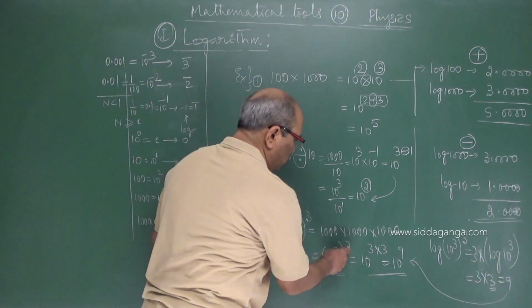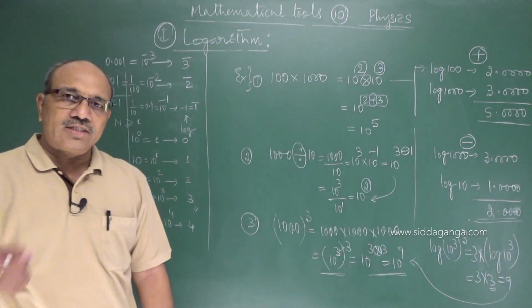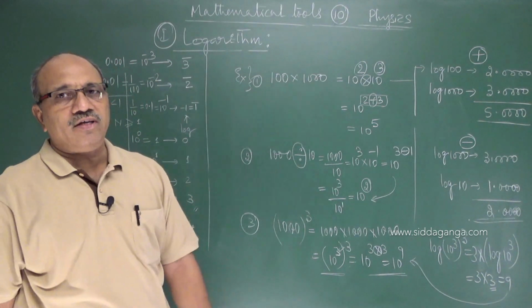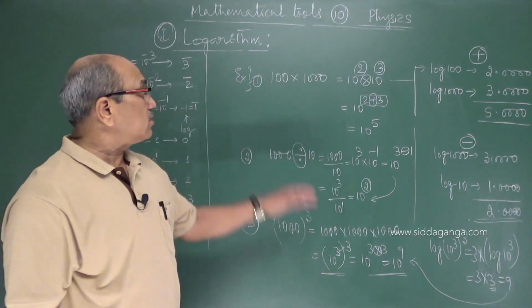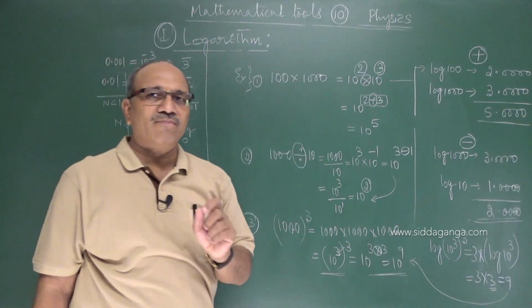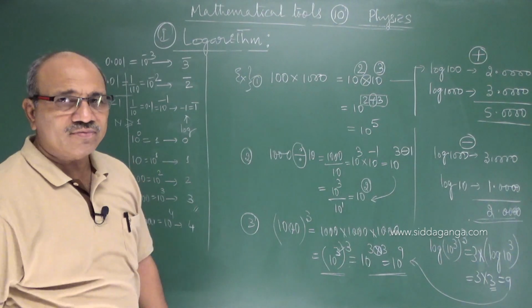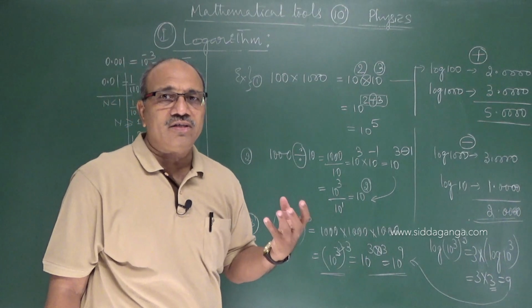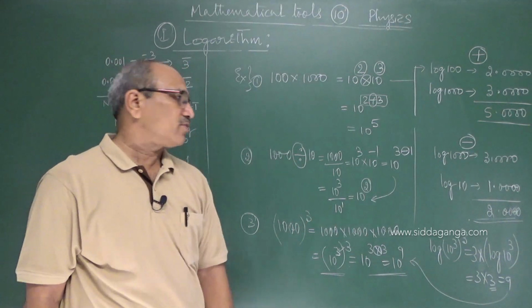This powers into product formula, this method, we can apply to simplify any complex multiplications or computations using logarithm. But there is some problem. I took some simple examples you followed. But the question is how to write every number in terms of powers of 10. That is the very problem.